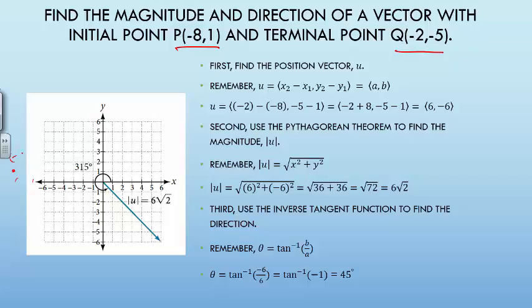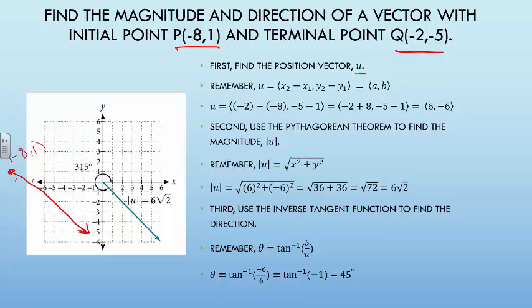That's our point, negative 8, 1. And the terminal point is negative 2, negative 5, so negative 2, and then down 5. Line segment connecting these guys, and an arrow to indicate the terminal point. We have to be working with our position vector, shown in this diagram in blue right here, and called u.